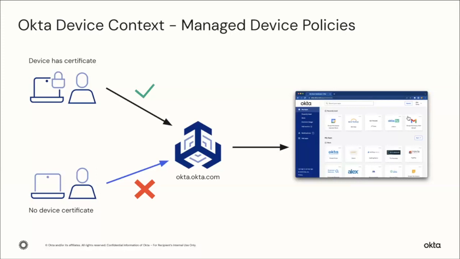And I think for both device context for managed and unmanaged devices, my guidance for people who implement it on their own for managed would be: anticipate a temporary spike in your help desk engagement, right? Once you start binding your device management and your authentication policies, things that are actually an endpoint issue, like it's no longer checking in, it doesn't have the right version of whatever, start looking like identity issues.